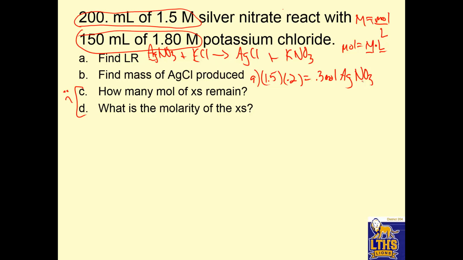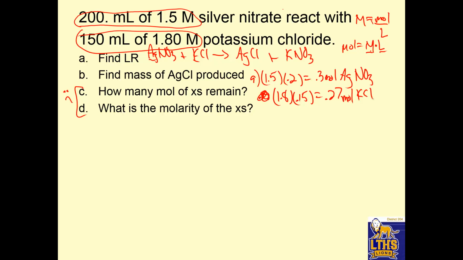And then for the other one, I have 1.8 molar, MV, and my volume is 0.15. See how I solved molarity equals moles over liters? So moles equals molarity times liters. And I had to switch it to the right thing. 1.8 times 0.15 is 0.27, and that's moles of KCl.